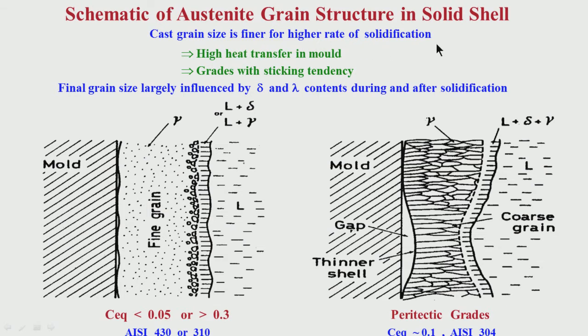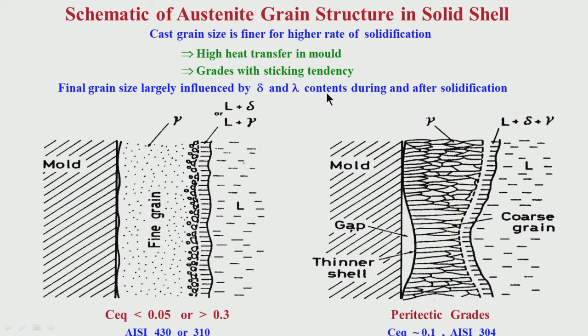So, this is dictated by two things. One is the heat transfer in the mold, that means grades with sticking tendency you have finer grains, and finer grain is largely influenced by delta gamma contents during and after solidification.